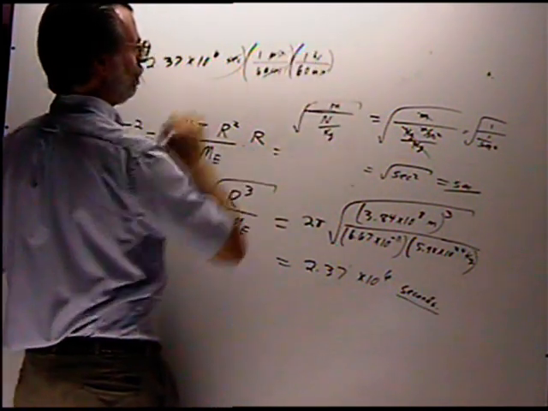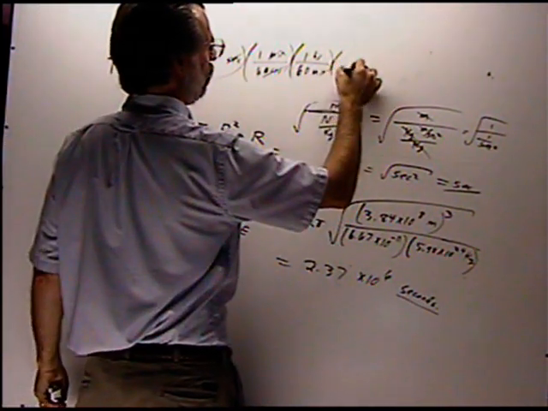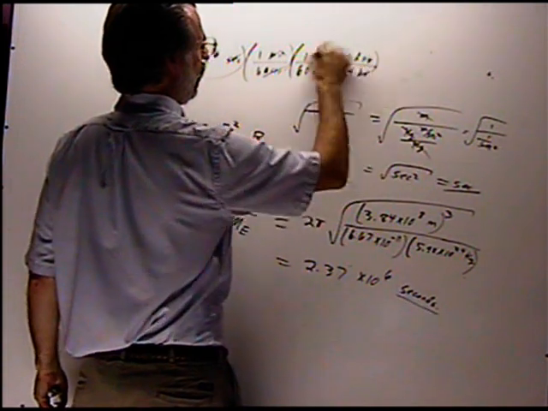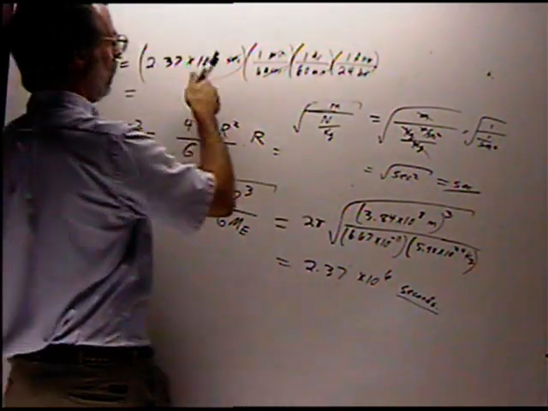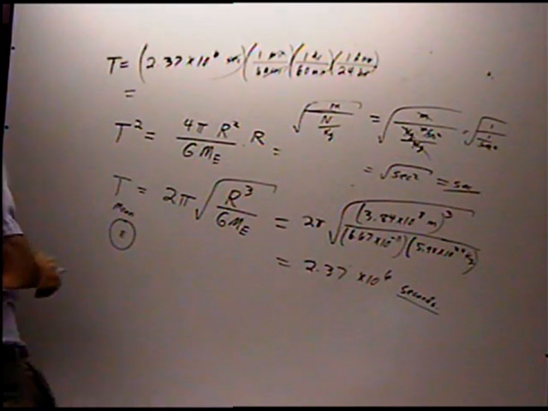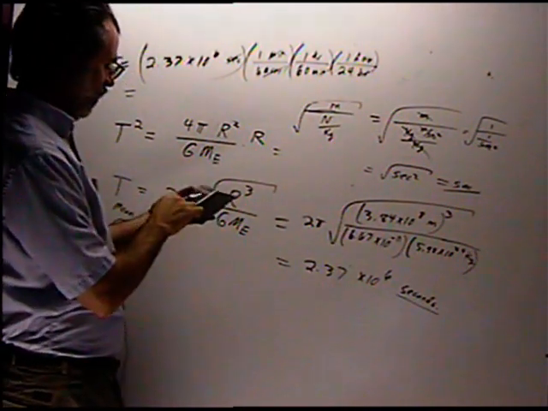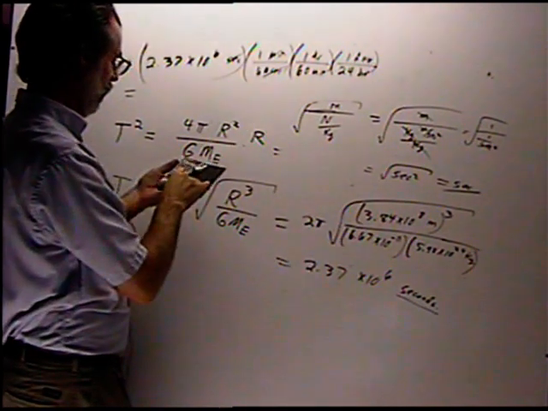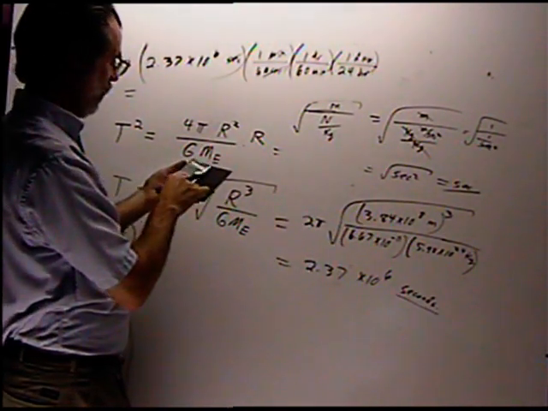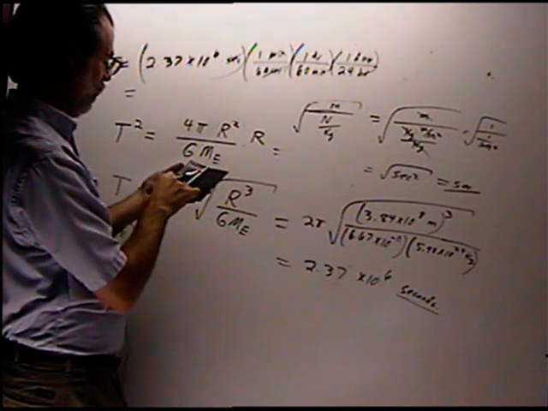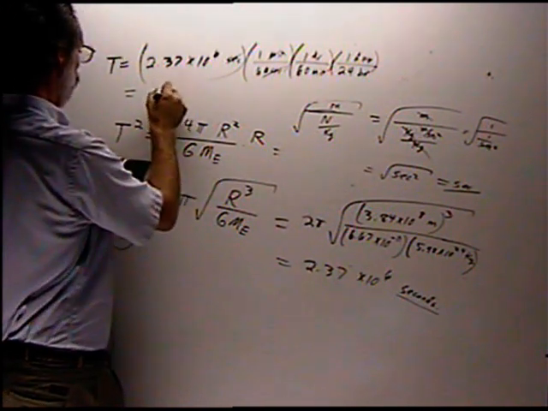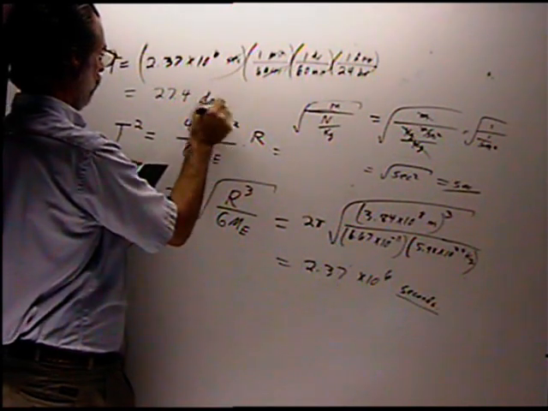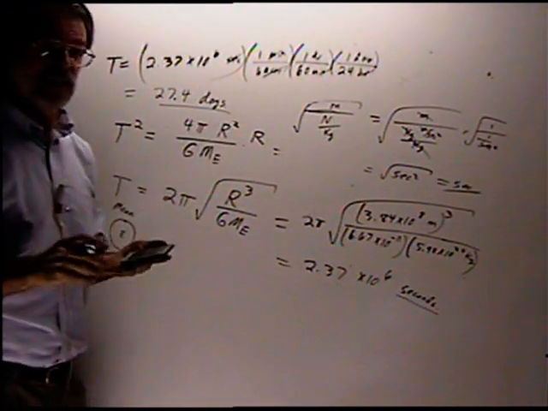The minutes cancel out. 24 hours is 1 day. And the hours cancel out. So this will convert it from seconds to days. So take 2.37 to the 6 divided by 60, divided by 60, divided by 24, and we get 27.4 days, which actually is about right.